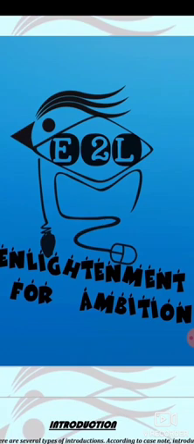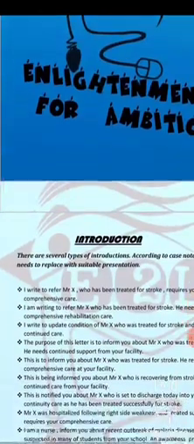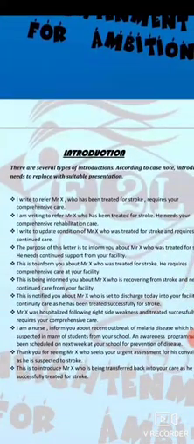Today we are going to discuss OET letter writing. In OET letter writing we will make a few classes, so it will be easy for you to understand more about letter writing. First we'll start with OET introduction. In OET writing introduction, people follow a few kinds of introduction.